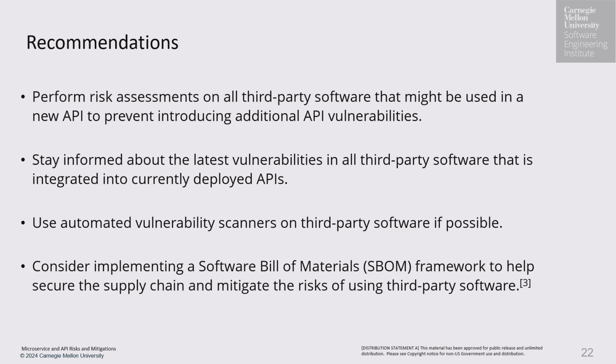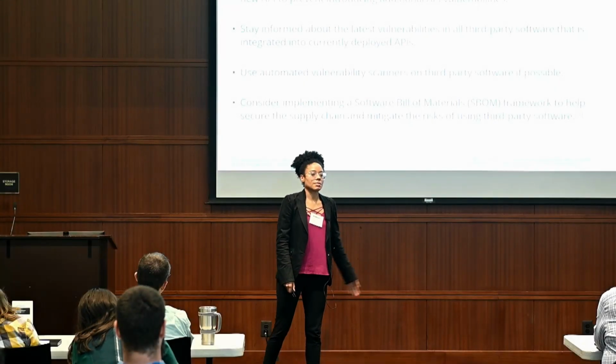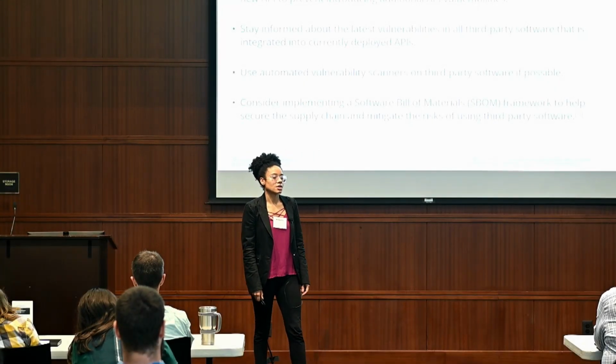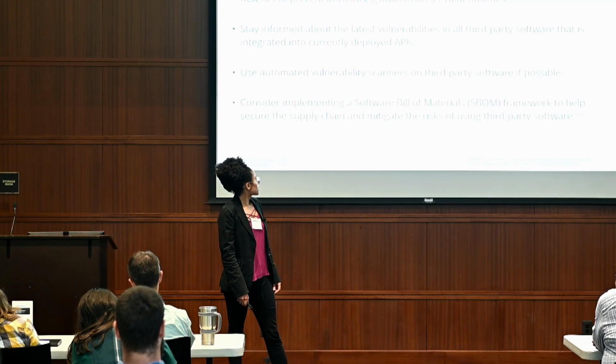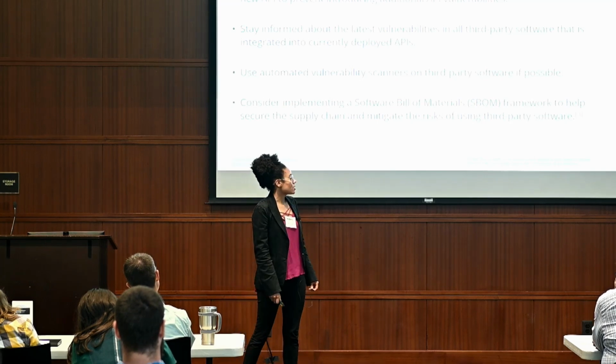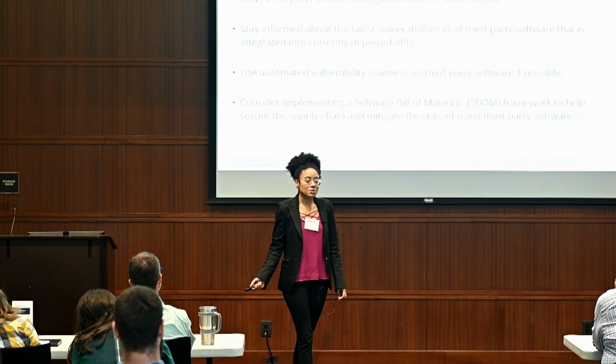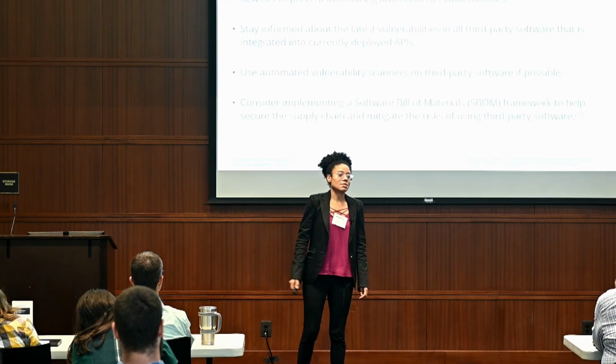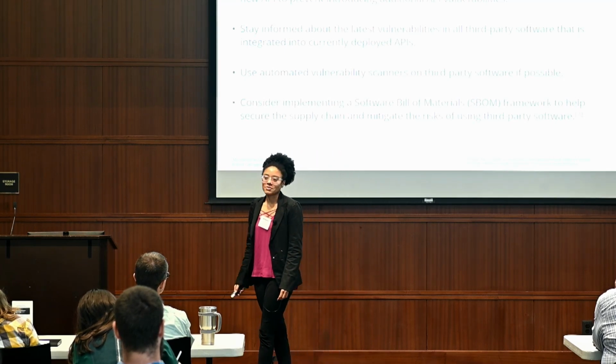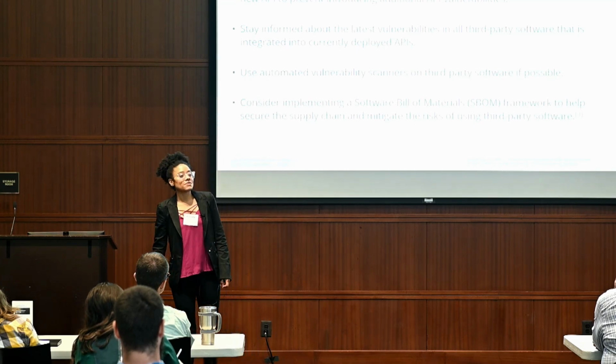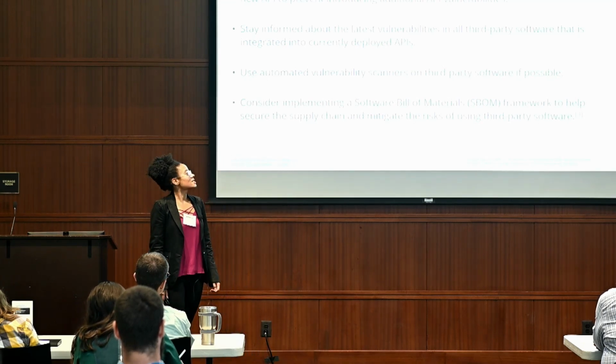So keeping up to date with new vulnerabilities that come out with your software integrations will help with this risk. You can do an automated vulnerability scan on the third-party software if that's possible. That's not always possible. Some third-party software does not allow for vulnerability scans, but if you are able to do that, I would recommend it.